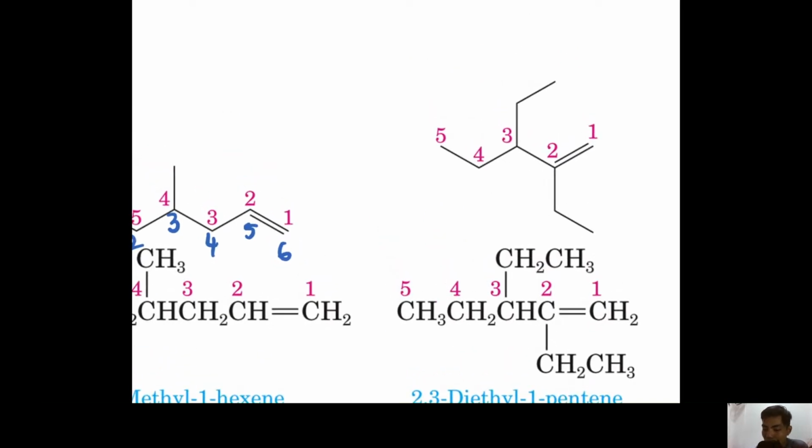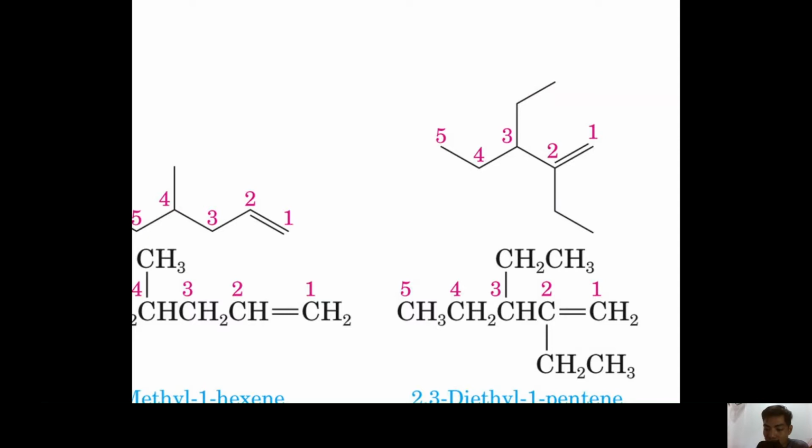Bakit? Ano pa yung isang longest chain dito? Ito, oh. Bilangin ko. 1, 2, 3, 4, 5, 6. Oh, ito, 6 carbons yan. Pero hindi yan yung parent chain natin. Bakit? Kasi walang double bond dyan. Kailangan kasama yung double bond, no? So, you have no choice. Hindi yan yung ating longest chain.